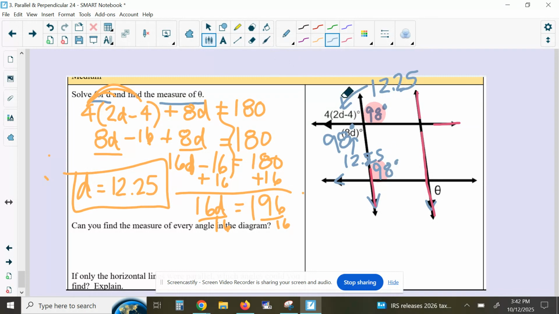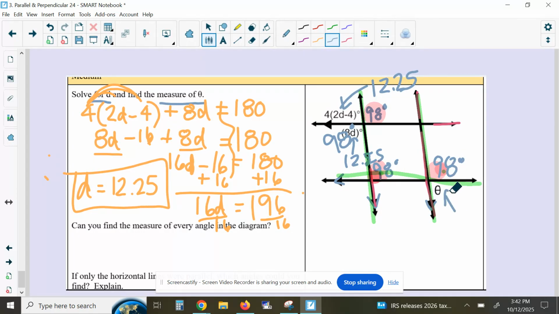I probably don't even need to do this work over here. So this is going to allow me to jump over to here, because if I turn my head sideways, since I have this green set of parallel lines cut by this transversal, these two are also corresponding. So I have a 98 here.